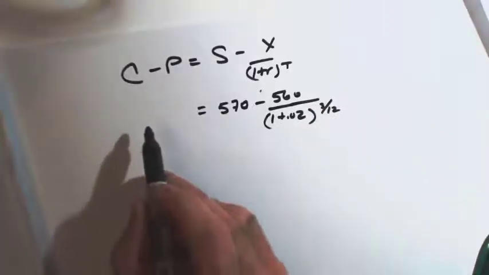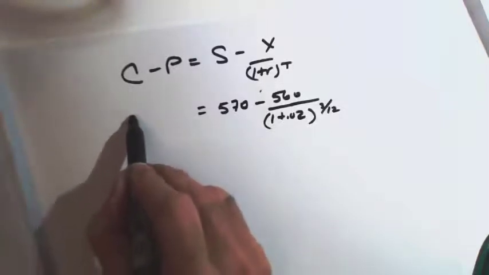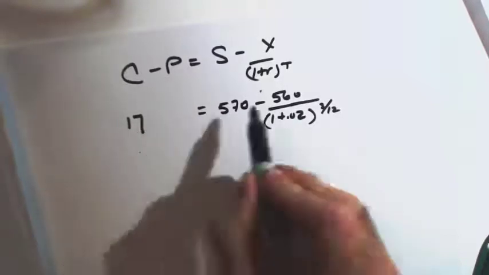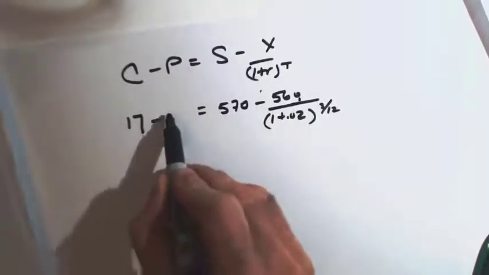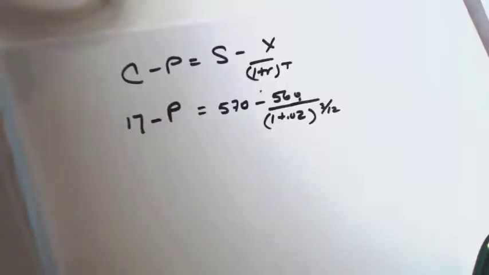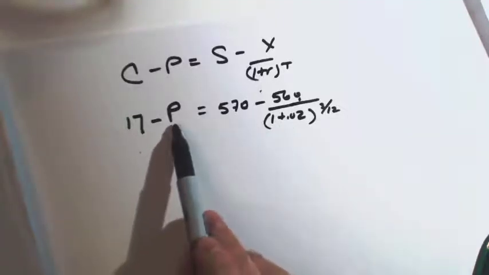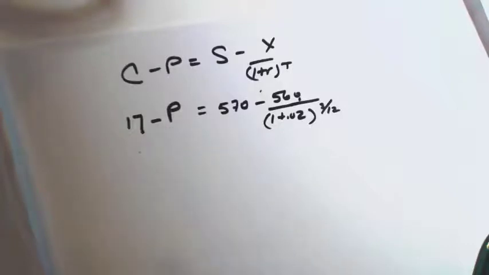It told me that the calls have a premium of $17 with a strike of 560. It's asking what is the value of the puts. So we're assuming an efficient market here, that if we have all this information, we can solve for the put, assuming no arbitrage conditions.